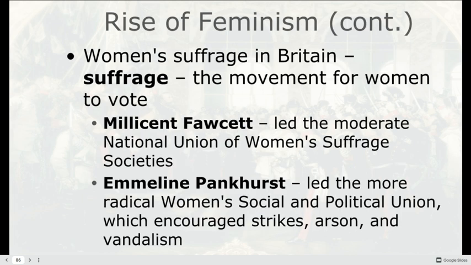But still, there would be a rise in the number of women at least protesting for the right to vote, known as suffrage. Millicent Fawcett, which is spelled Fawcett.